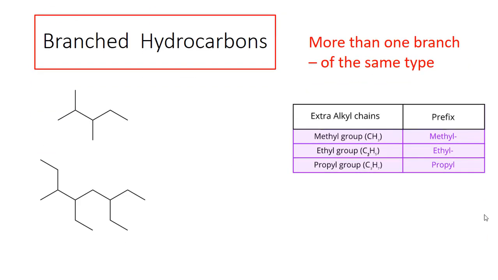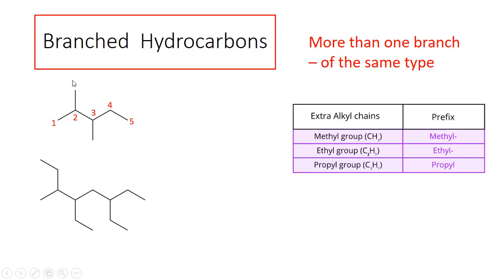There are branched hydrocarbons that have more than 1 branch, like we see in these examples here. However, in the naming, again, we start by counting the number of carbon atoms in the longest carbon chain. Here we have a 5-carbon longest carbon chain, therefore from the last video we know pent will be in the name.